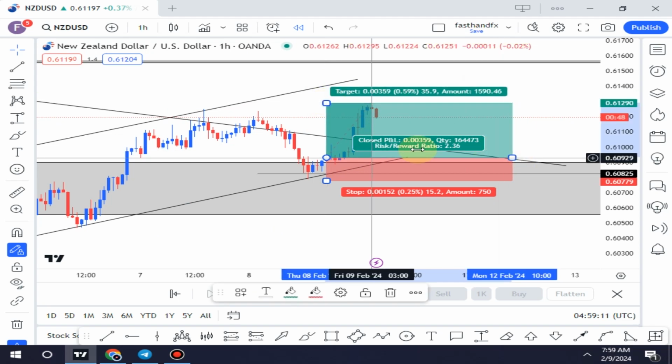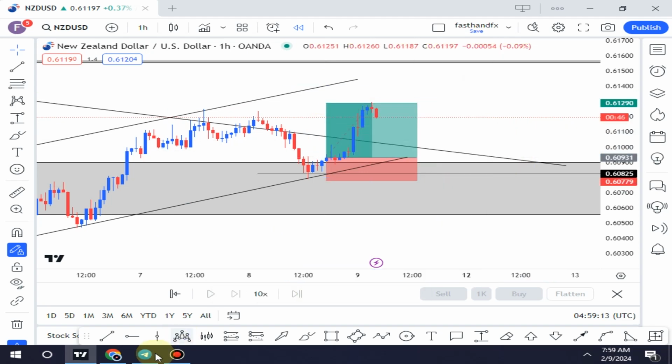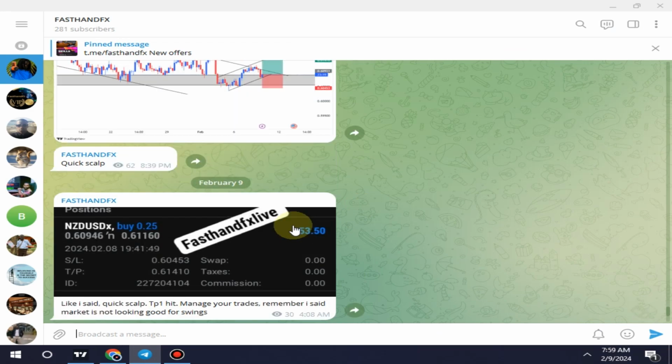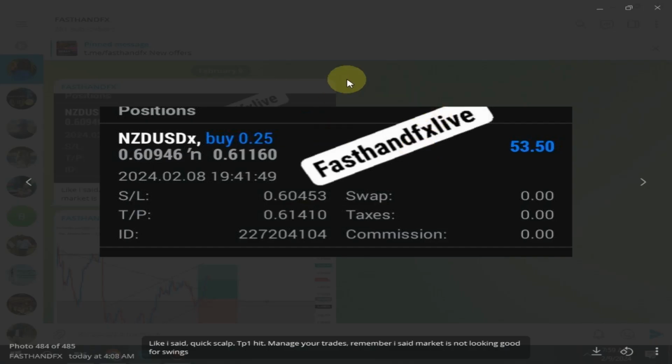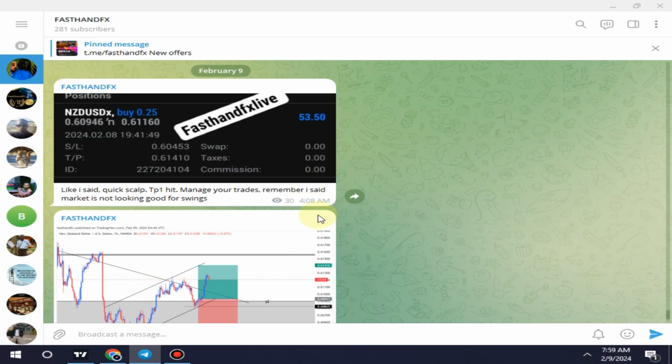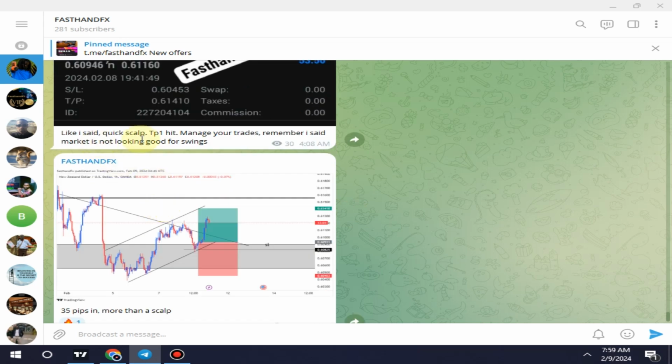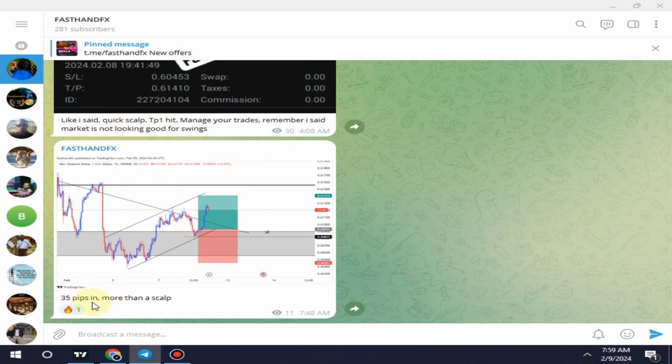Something like this. Okay, so now if you see, I told my gang, yo, this is my final account. I was scalping as usual. So I said, like I said, it's a quick scalp and TP1 has been hit. Manage your trades. Remember, I said the market is not looking good for swings. So I wrote, 35 pips in is more than a scalp.